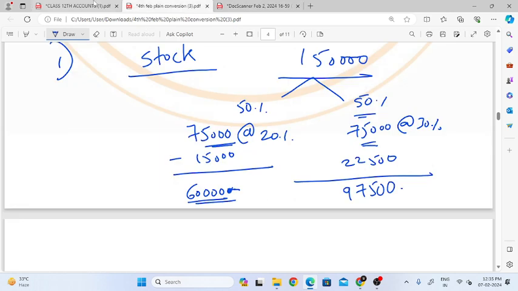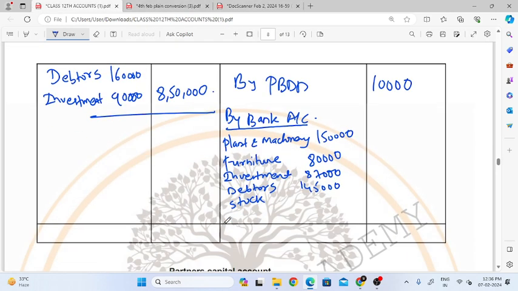So here we are going to put only this 97,500 and not the stock taken by the partner. Whatever is taken by a partner, we are going to show separately. So 97,500 will come over here. Then the total of this comes to 5,59,500.